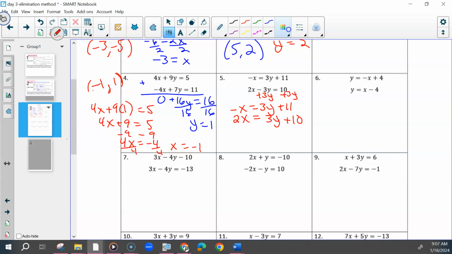So in this, which variable are we going to eliminate? Which one has common coefficients? Would we add or subtract to eliminate?